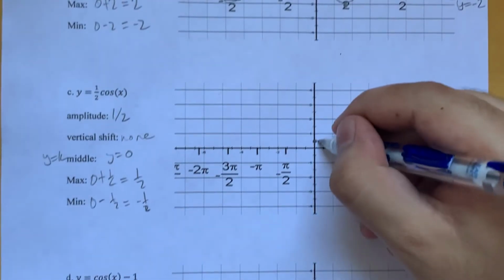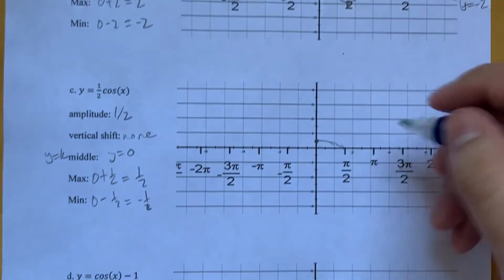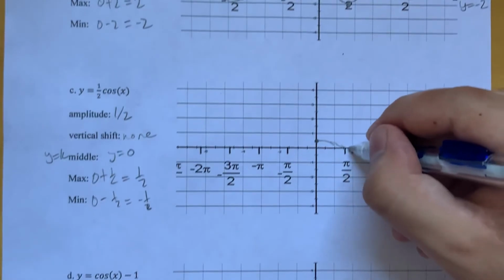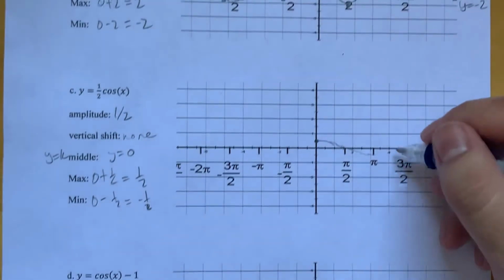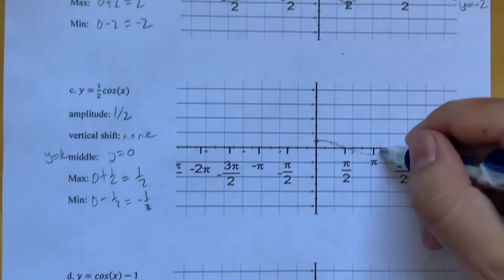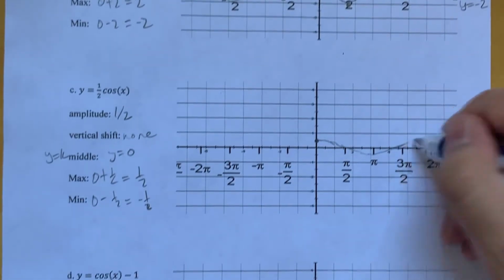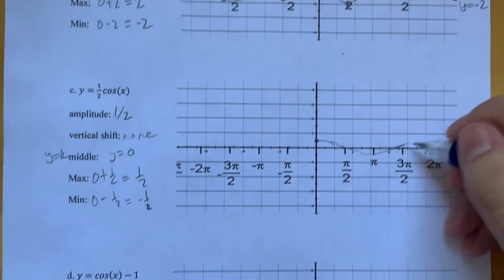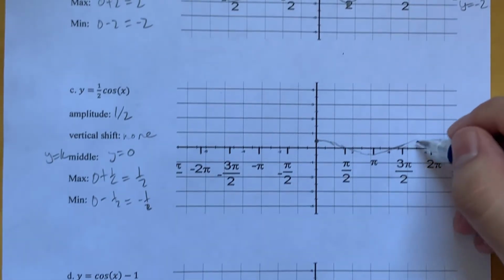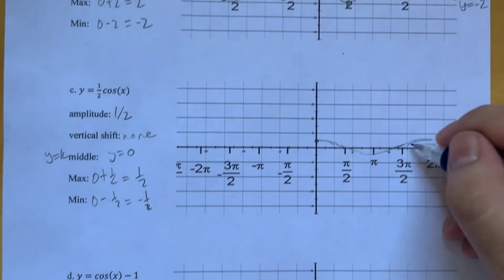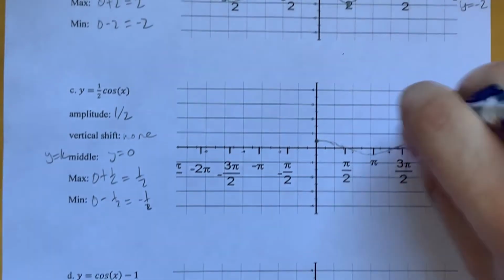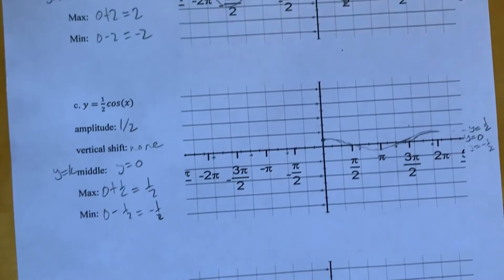It's going to hit 0, then come back down at pi at -1/2, right? Then it's going to come back and hit 0 at 3pi/2, and then it's going to come back and hit there. Let me redo that. I don't like that.